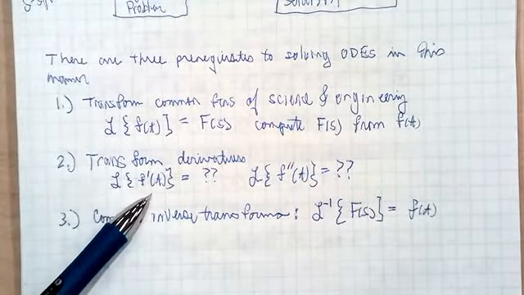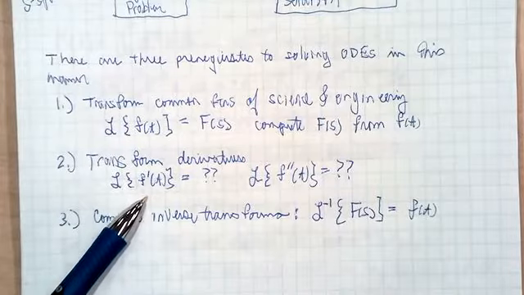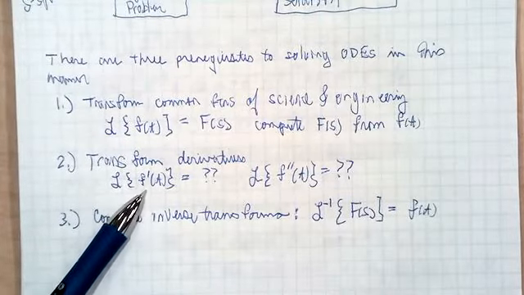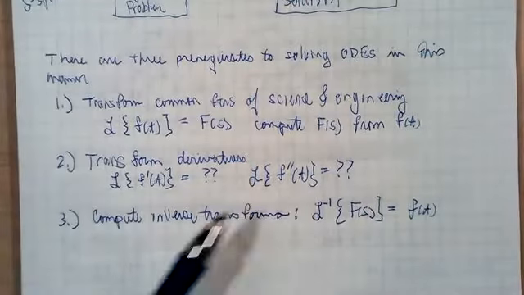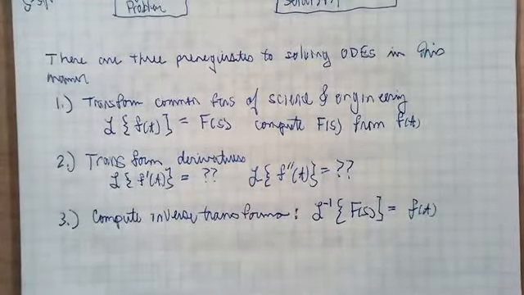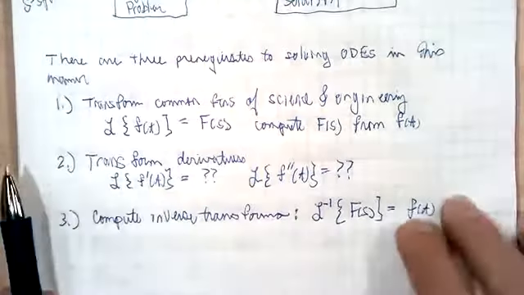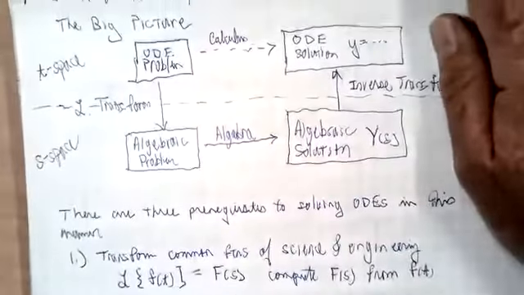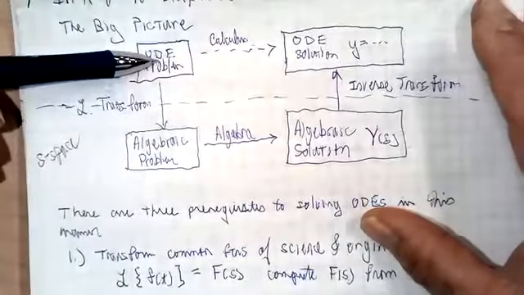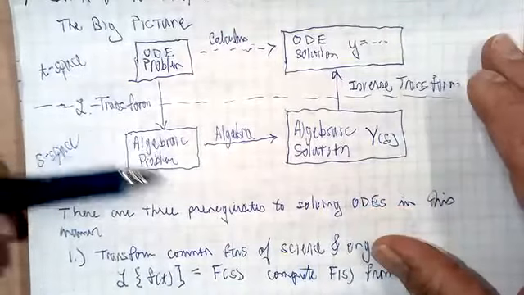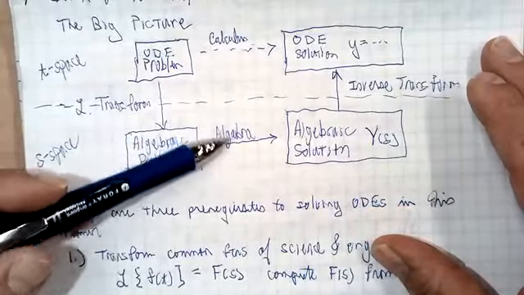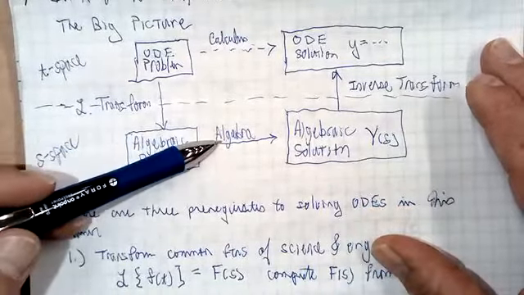So at least for tonight, we need to know how to take the transform of the first and second derivative of a function. And then if you think about it in the picture here, you do the transformation from t to s space, you do some algebra, and it tends to be a lot of algebra.